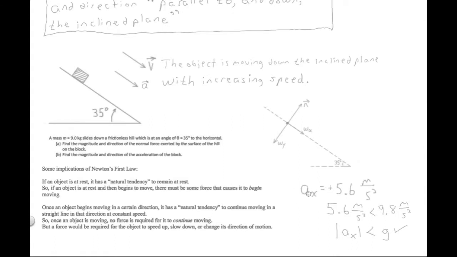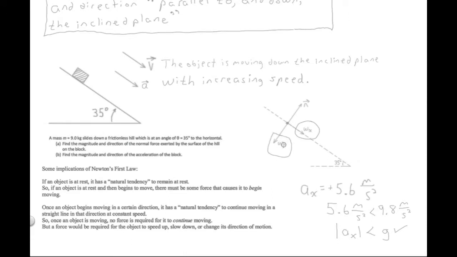For completeness, we can finish up by talking about the roles of all of these different forces. What's the role of W sub x? W sub x is causing this acceleration down the inclined plane. What's the role of W sub y?